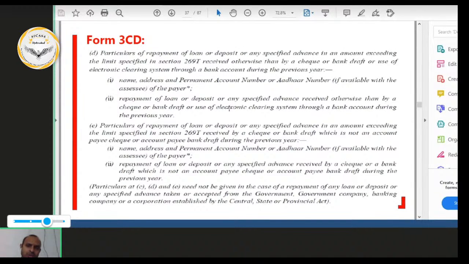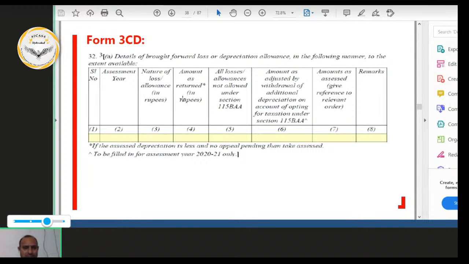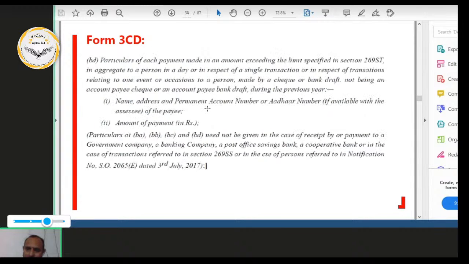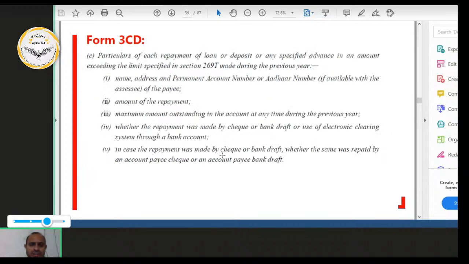269SS, what does it talk about? Accepting loan or deposit otherwise than through banking channels. Then 269T, repayment of loan or deposit otherwise than through banking channels. Then 269ST, incurring cash expenditure in excess of 2 lakh rupees, either with regard to a single day, a single transaction, or a single event.